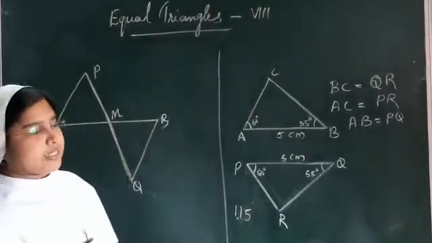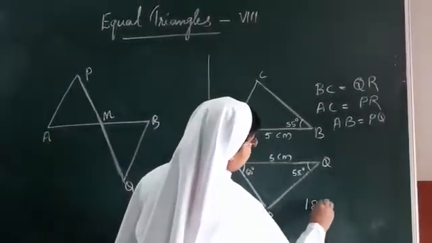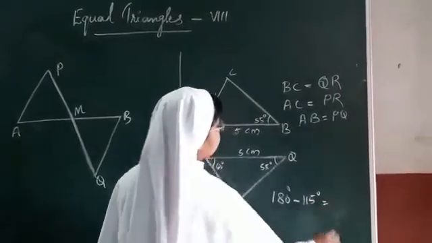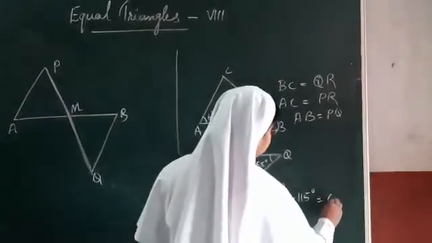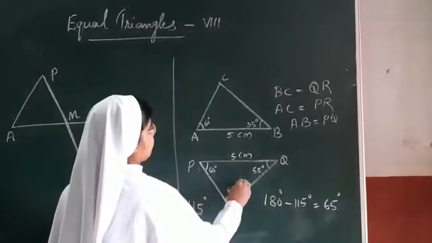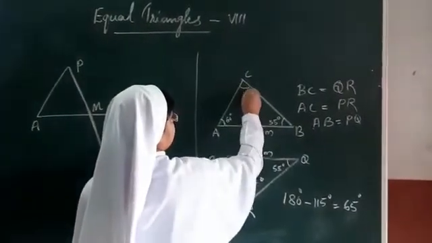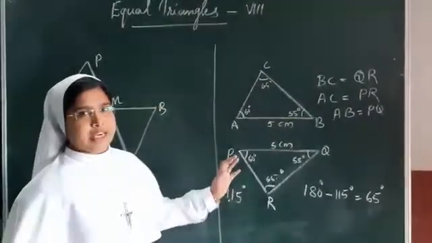So what will be the third angle? 180 minus 115, that is equal to 65. So this is the general principle we have learnt.